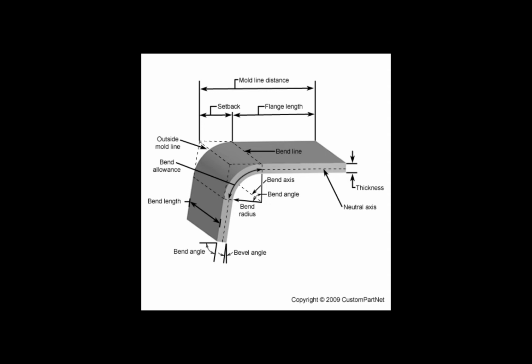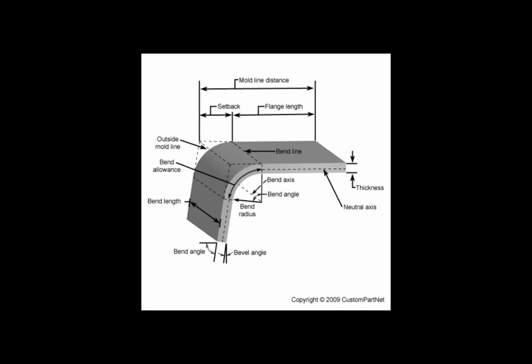Material thickness. What is meant by setback? Distance. The jaws of a brake must be set back from the mold line. Radius plus thickness equals setback.